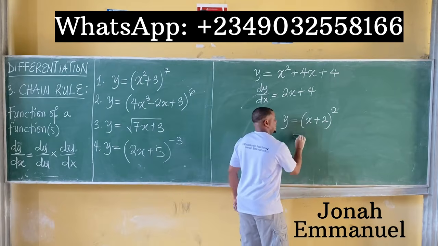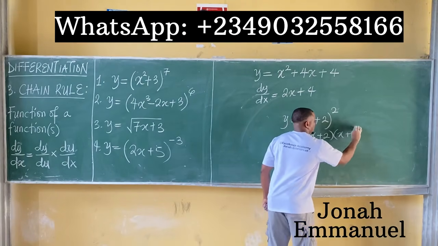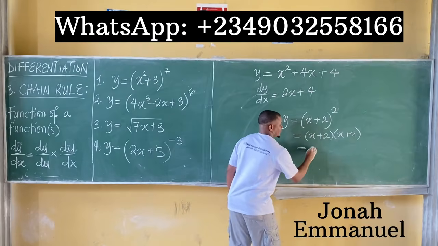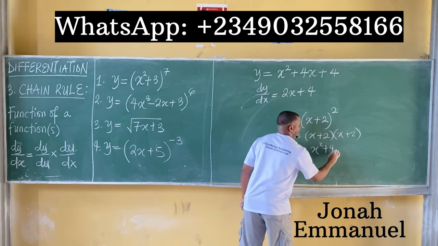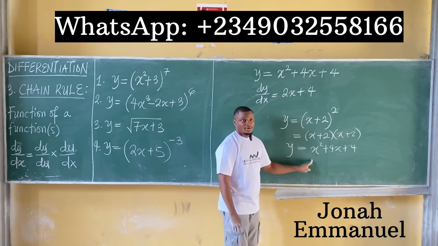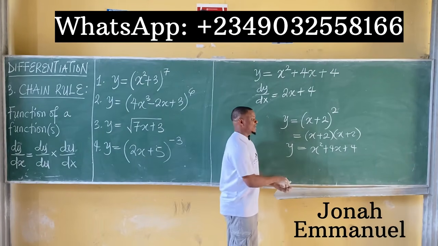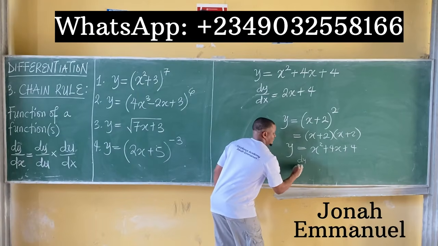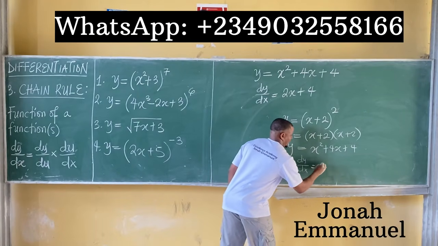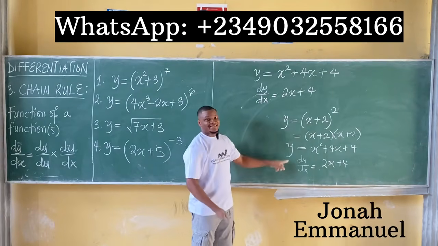This squared means x plus 2 multiplying x plus 2. If I expand this, it will give you x squared plus 4x plus 4. When I differentiate this, dy/dx is equal to 2x plus 4. Observe, I'm having the same thing.